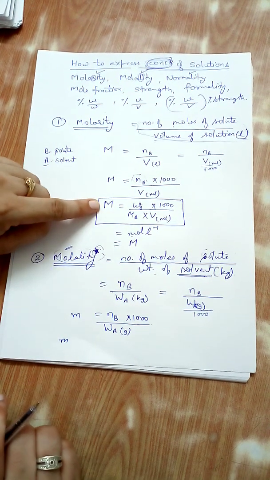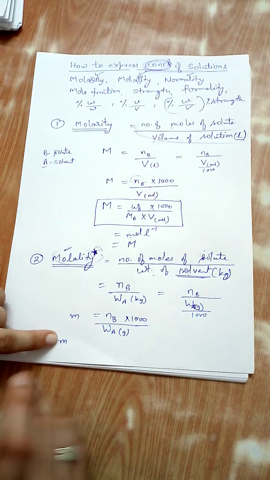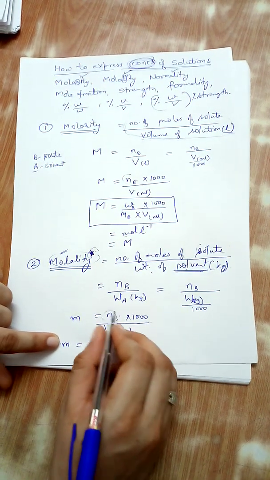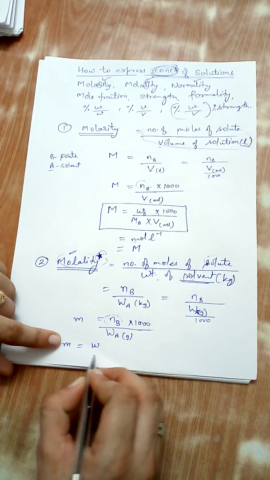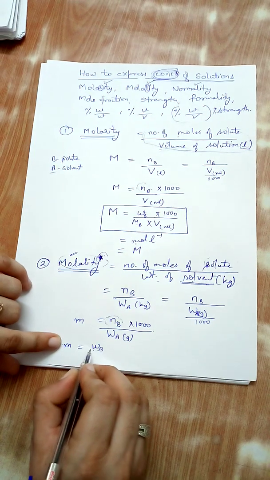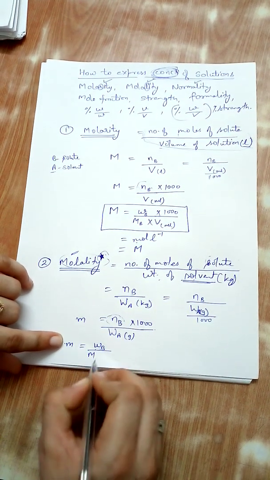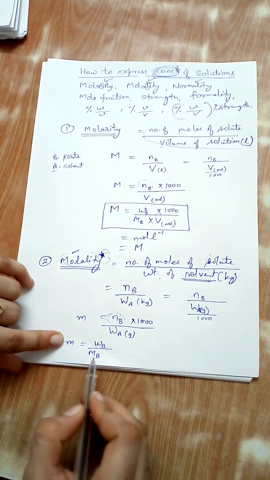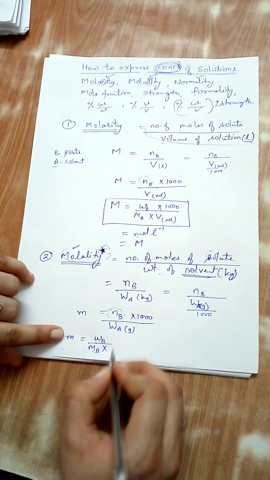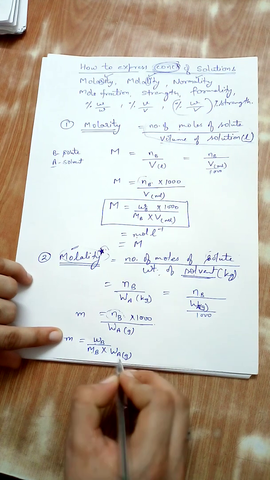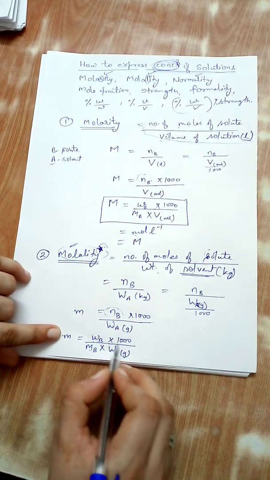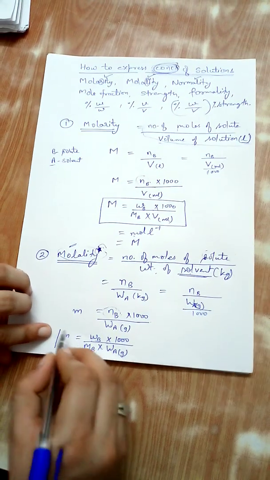Capital M was for molarity and small m is for molality. The complete formula, if you are not provided directly with the moles and instead are provided with the weight of the solute: WB will represent the weight of the solute, MB will represent the molecular weight. This WB by MB will be the formula for moles of solute, and this WA will be in grams, and 1000. If it is in kg, then this 1000 will be omitted, and this will be the direct formula for molality.